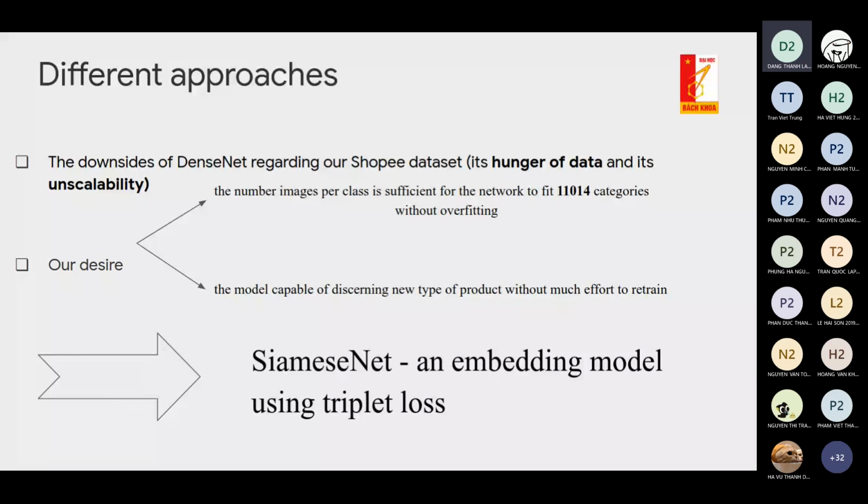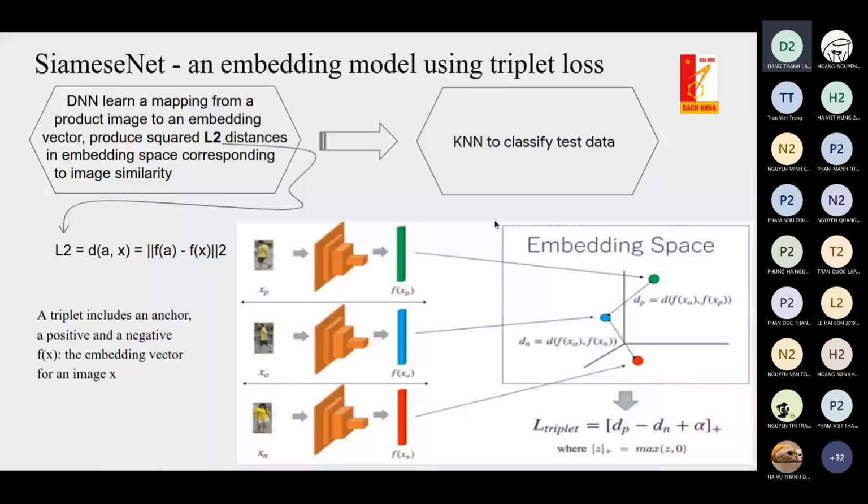So let me explain how it works. First, as I said, this is an embedding model, and it does not produce a prediction, but it produces an embedding vector. So as you can see here, we have the term triplet loss.